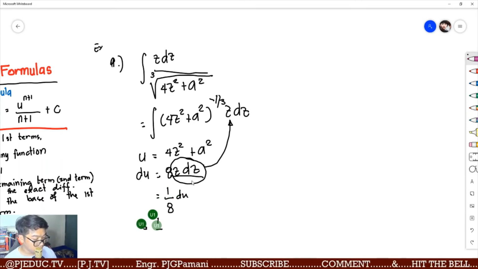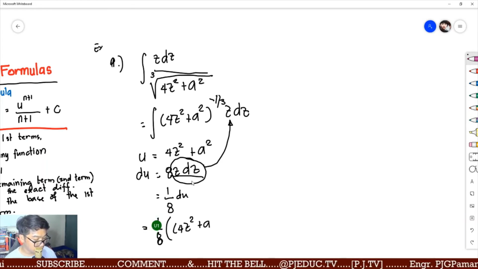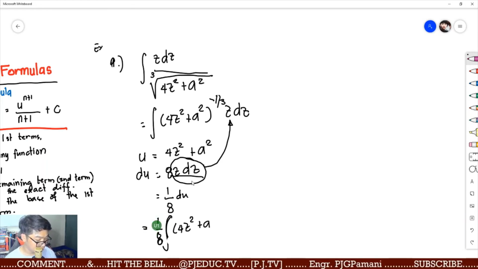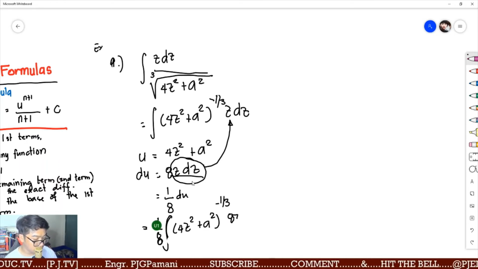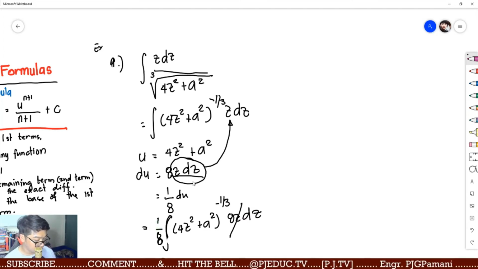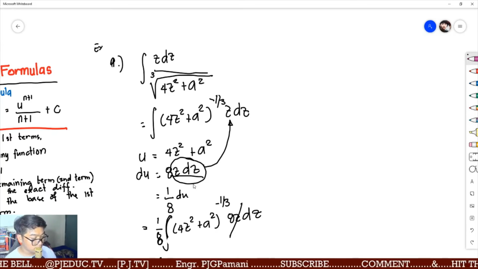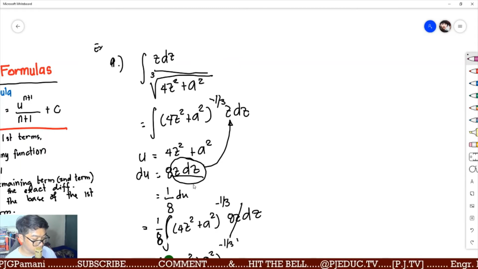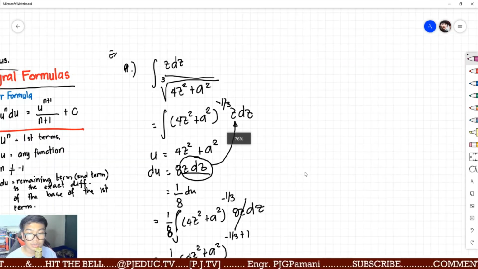That is 1/8 times 4z squared plus a squared raised to negative 1/3 times 8z dz. So, makakancel na yan. 1/8. Integrate nyo na lang. 4z squared plus a squared raised to negative 1/3 plus 1 all over negative 1/3 plus 1 plus your integration constant.